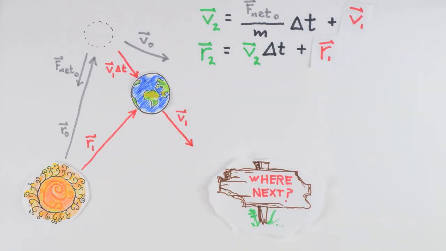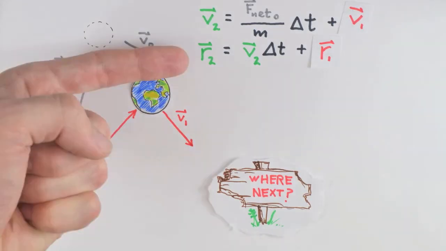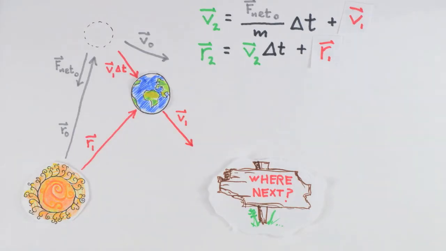Apply our fundamental principle again to predict one more small time step delta t into the future, a still newer final velocity, and from that, a still newer position, which is a prediction of the motion that is 2 times delta t into the future when compared with our original starting point.